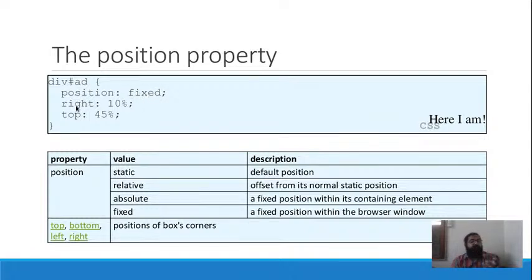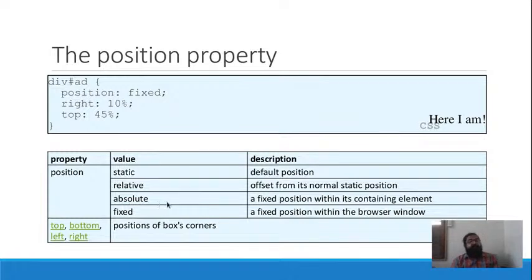From the right it is 10%, and from the top it is 45%. So that is the position that we have given. You can give static values, some default positions, or you can give relative positions, offset from its normal static position.